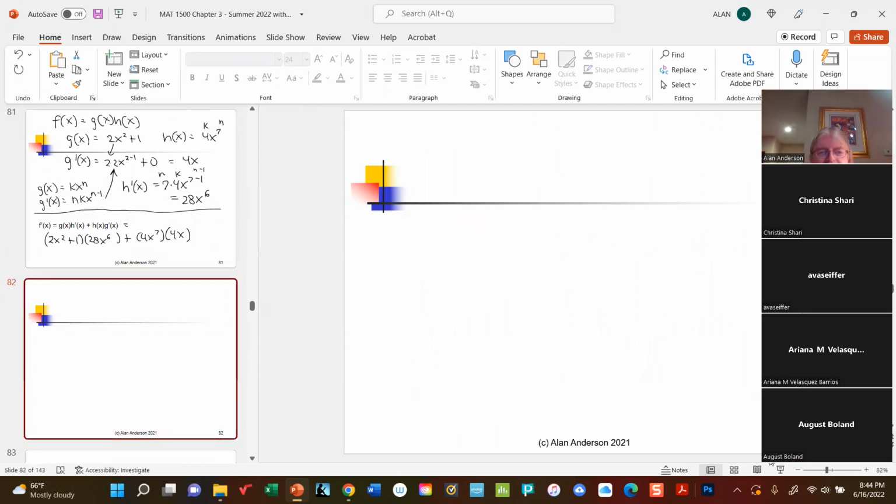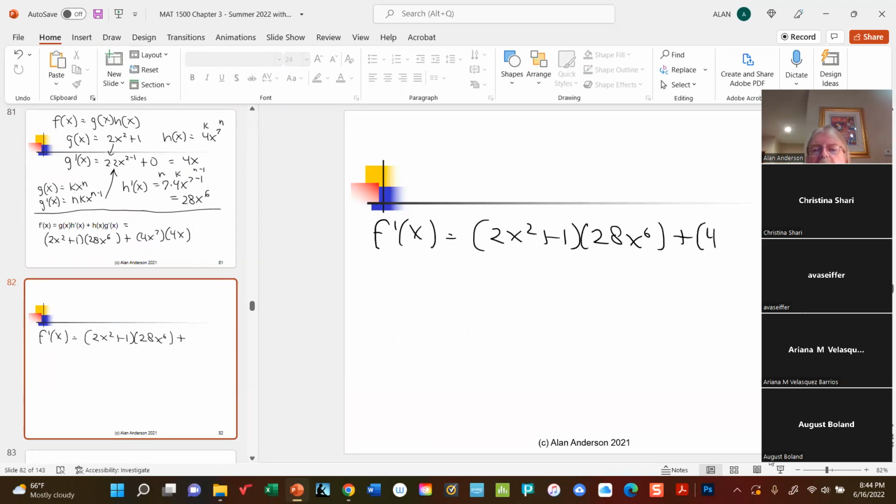What do we have here? Now, when you multiply these together, you're basically multiplying both of these terms by this 28x to the 6th.